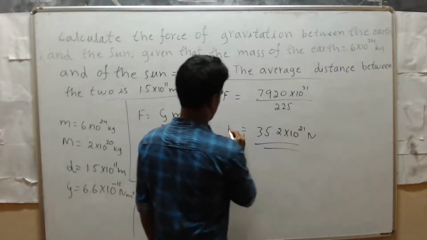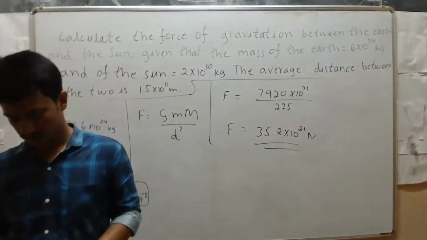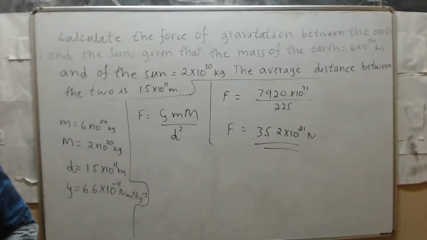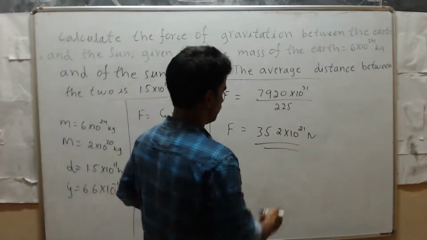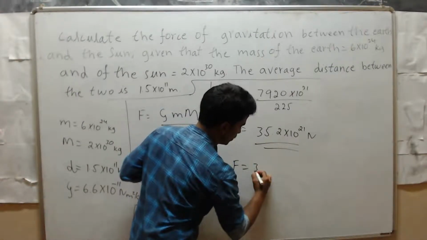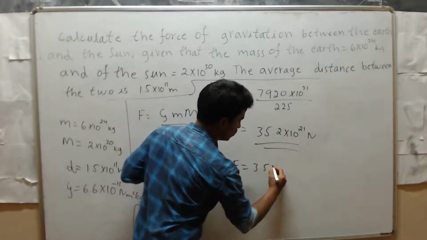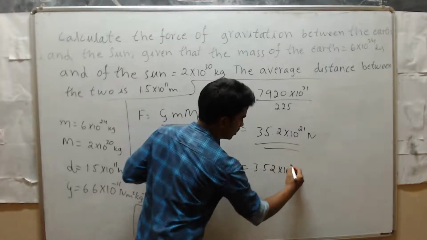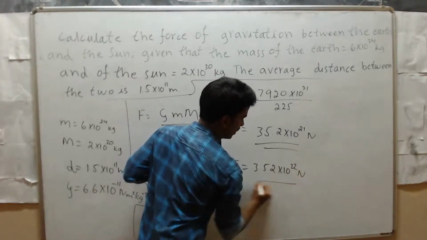So this is the answer. In short form, you can write F is equal to 3.52 into 10 raised to the power 22. You can write like this also.